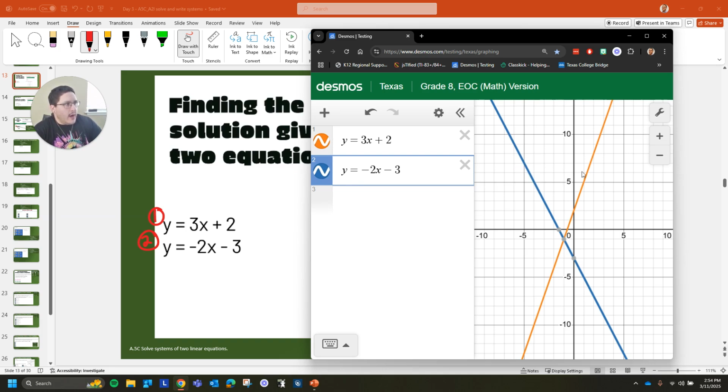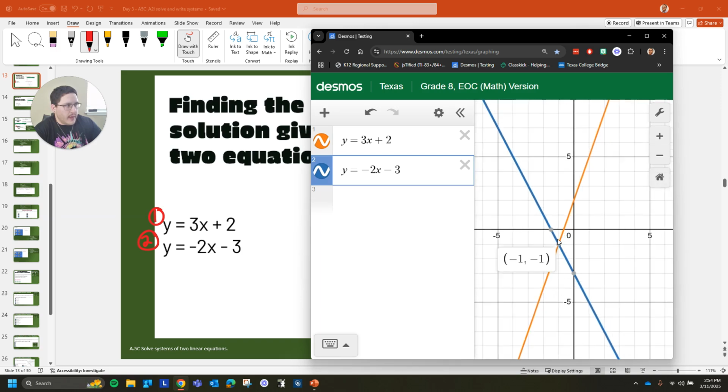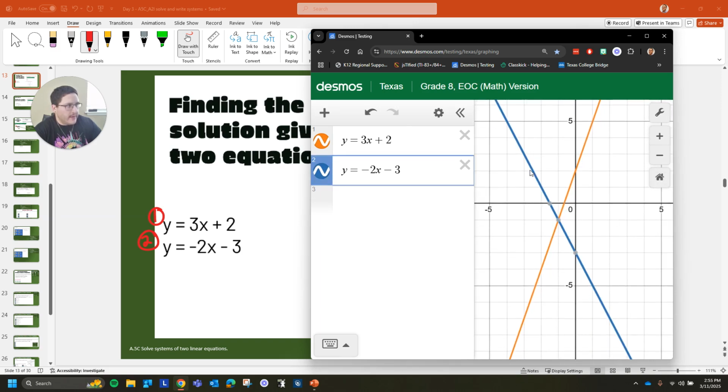You can click on each line, and it'll highlight certain things. For example, if you click on the blue line, notice how it highlights some points of interest, like the intersection, -1, -1, the x-intercept, which is -1.5, 0, and the y-intercept, which is 0, -3.